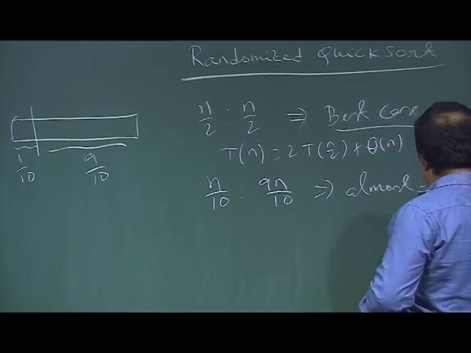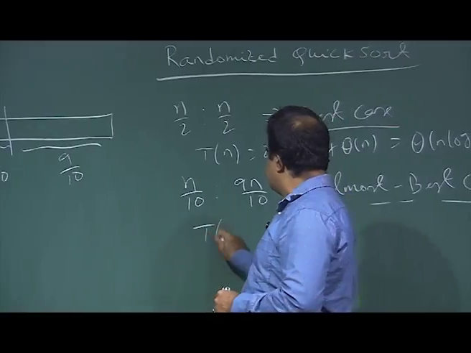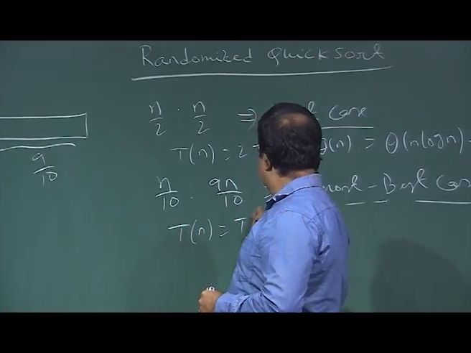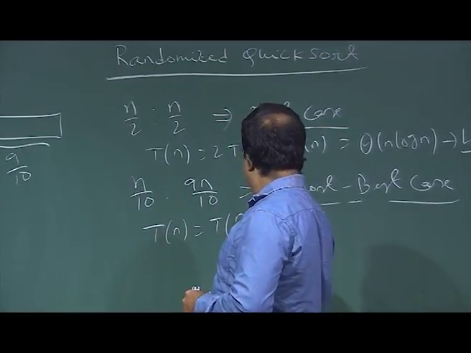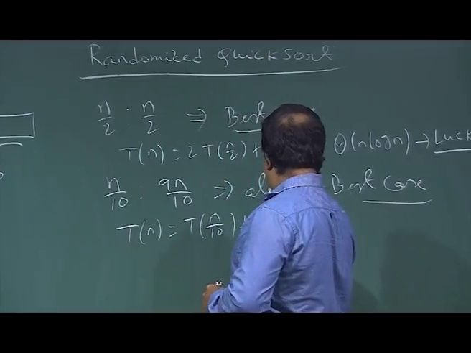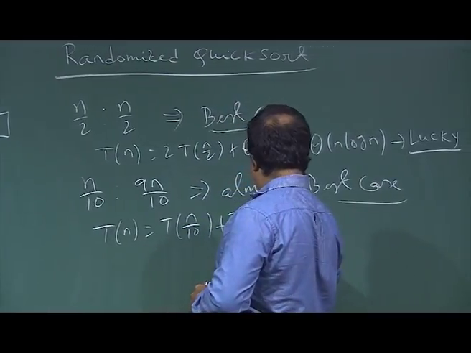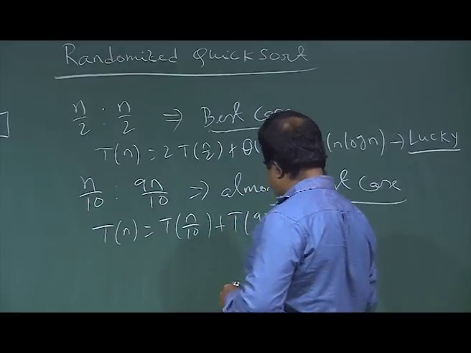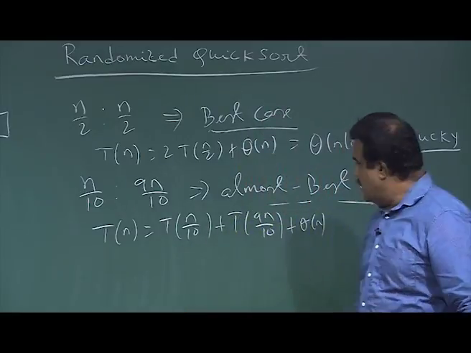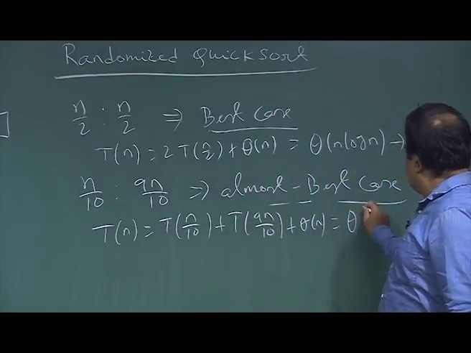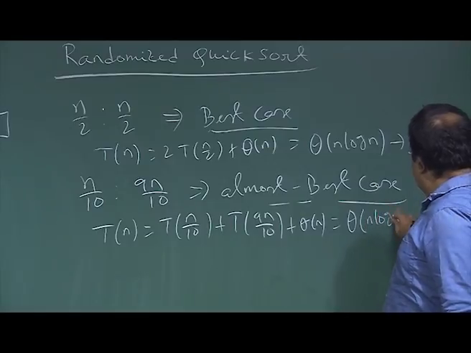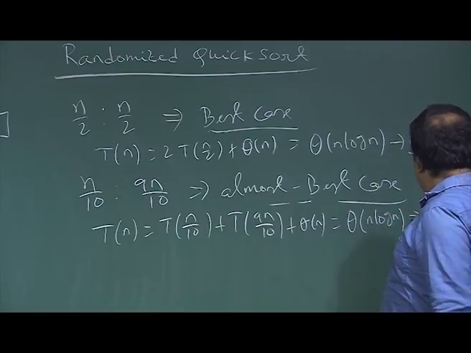Why is this also the best case? Because for this we have seen the recurrence is T(n/10) plus T(9n/10) plus theta of n. This is the recurrence corresponding to this partition, and this will also give us order of n log n. So, this is also a lucky case.